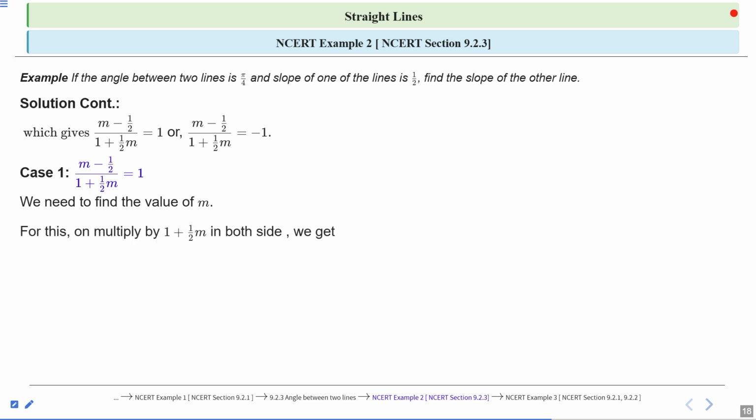So for this, multiply by (1 plus 1 by 2 times m) on both sides of the above equation. Then we obtain m minus 1 by 2 is equal to 1 plus 1 by 2 times m. Now if we simplify it, we get m minus 1 by 2 times m is equal to 1 plus 1 by 2.